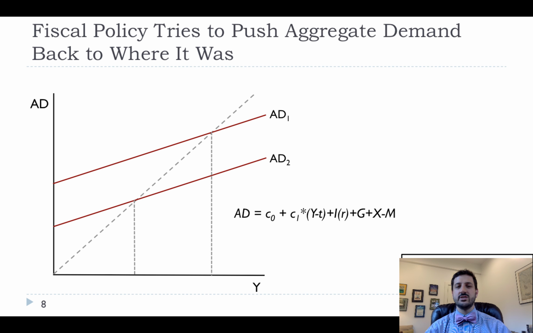So the idea was that we would be able to shift aggregate demand back to where it was. Was it successful? It was not completely successful, to be completely honest. We probably shifted aggregate demand some in the direction we wanted it to go, but not enough. And frankly, it took a long time to recover from the Great Recession.